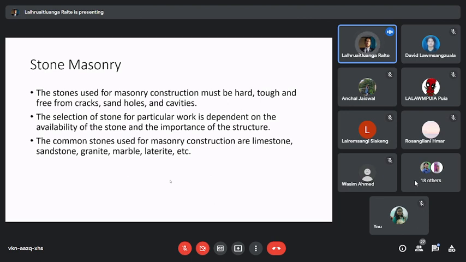So for example, if you are in the central part of India, or especially the western part, Kota stone slab is something which you would find affordable because it is easily available, especially if you are in the area near Kota.